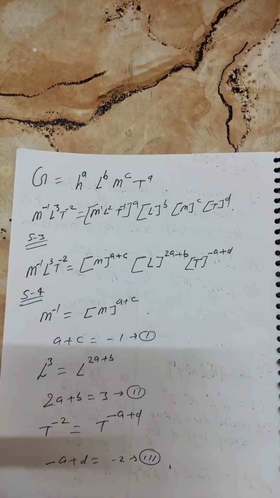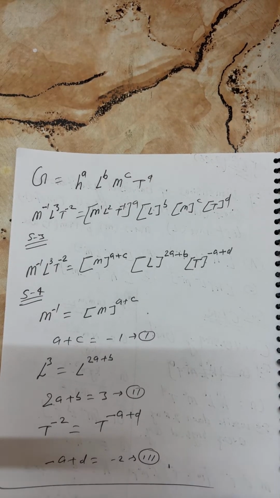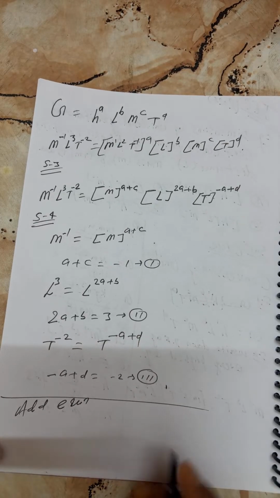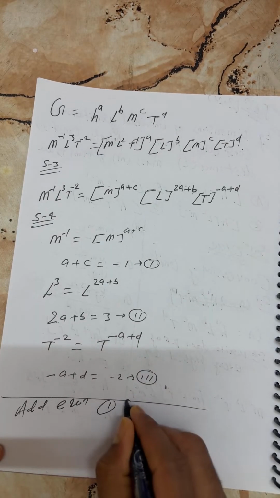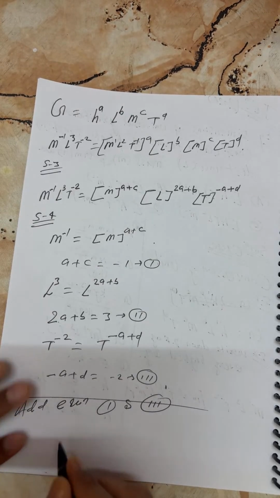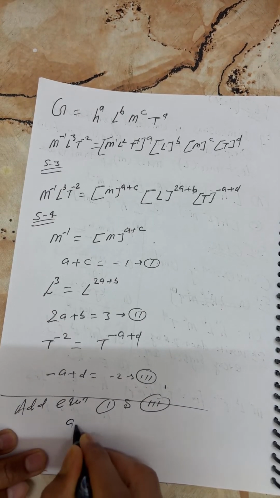Wonderful. Now add equation first and third, then you can see a and minus a cancel.